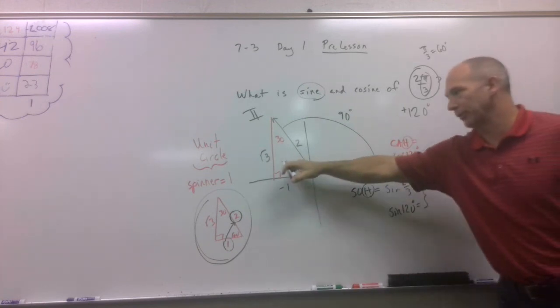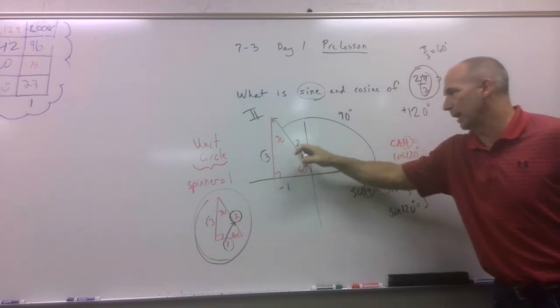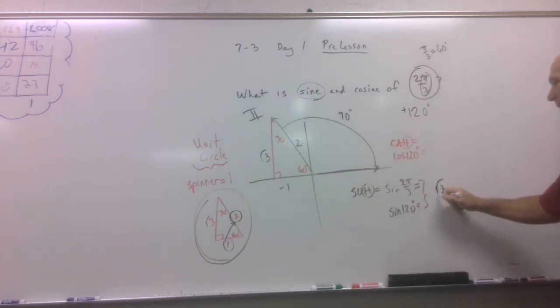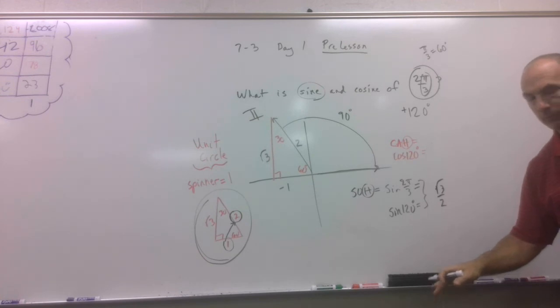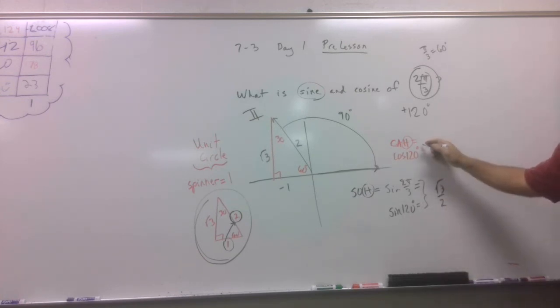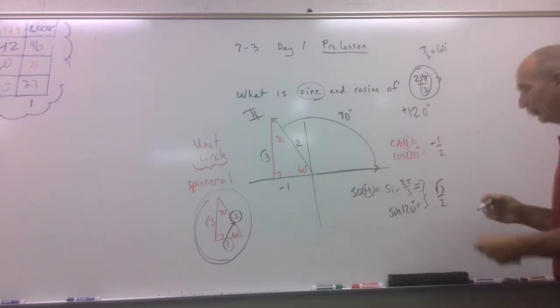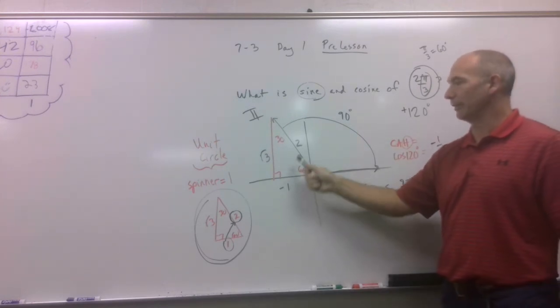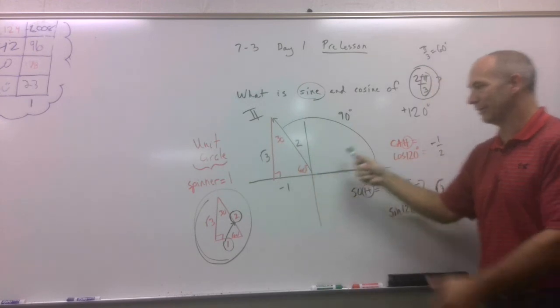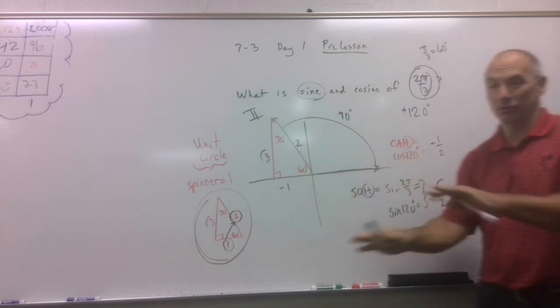Based on these dimensions, sine will be opposite over hypotenuse. It will be square root of 3 over 2. Done. How about cosine? Well, that'd be adjacent over hypotenuse, negative 1/2. Done. I prefer using these dimensions all the time. You're going to get the same information, but it's your call.